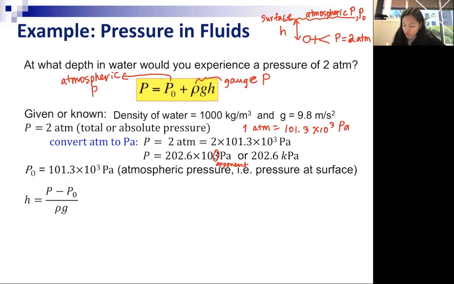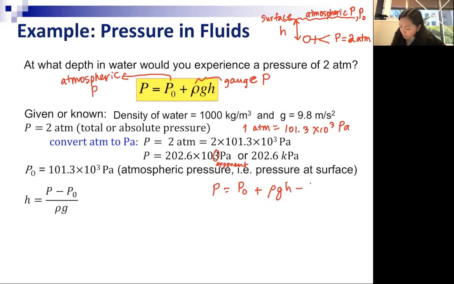So we rearrange this equation to isolate for H. So P is equal to P0 plus rho GH. You can rearrange this using the building up and tearing down process, but I'll rearrange this by using the other method. So you know H is tied to P0 by this plus sign.